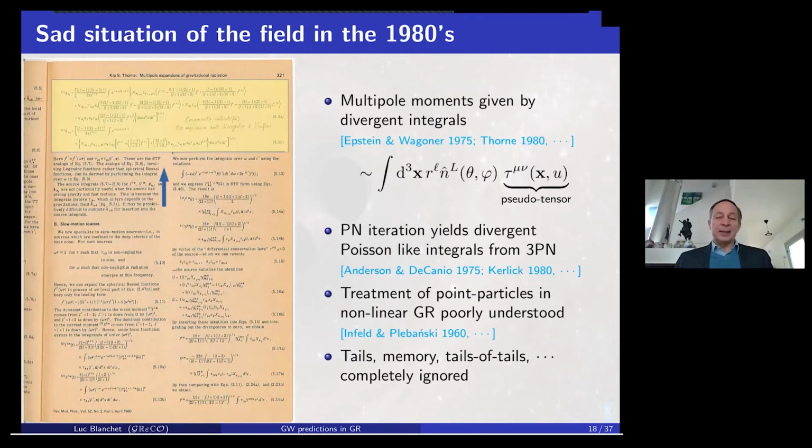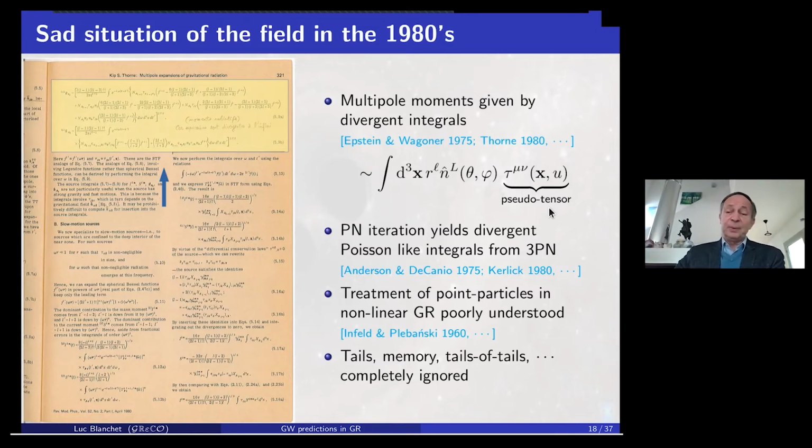Remember that in the 80s, the situation of the field was rather, I will say, sad. There was a lot of problems in the field. The multiple moments were given by divergent integrals. Here are expressions of the multiple moments, and these expressions integrate over the components of the pseudo-stress energy tensor of your matter plus the gravitational field.